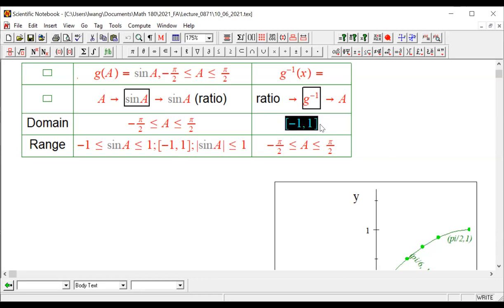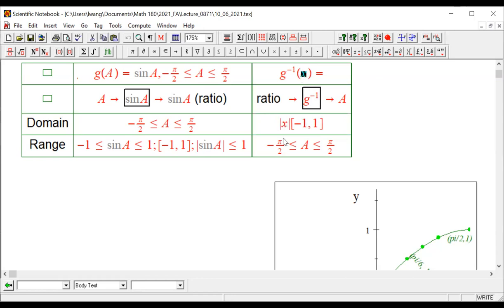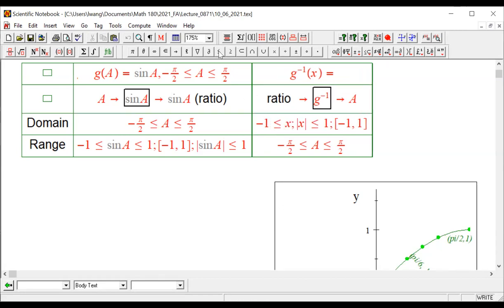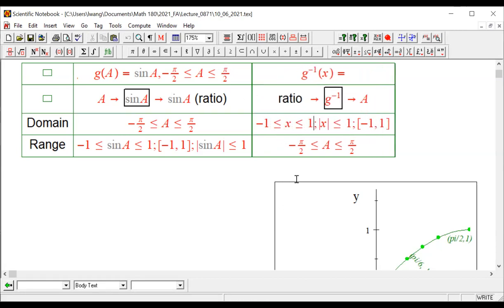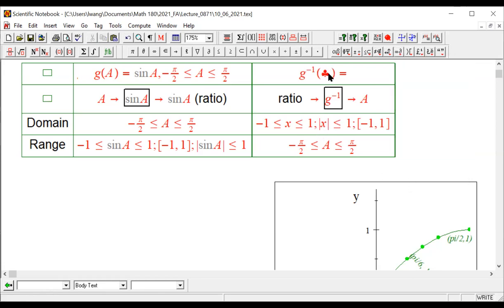Now, let's look at the domain expression for this guy. What would that be? The absolute value of x, because we refer to the x here, has to be less than or equal to 1. Right? Another form, what will be the other form? -1 less than or equal to x less than or equal to +1. It doesn't matter what I call this. I can call this this, right?